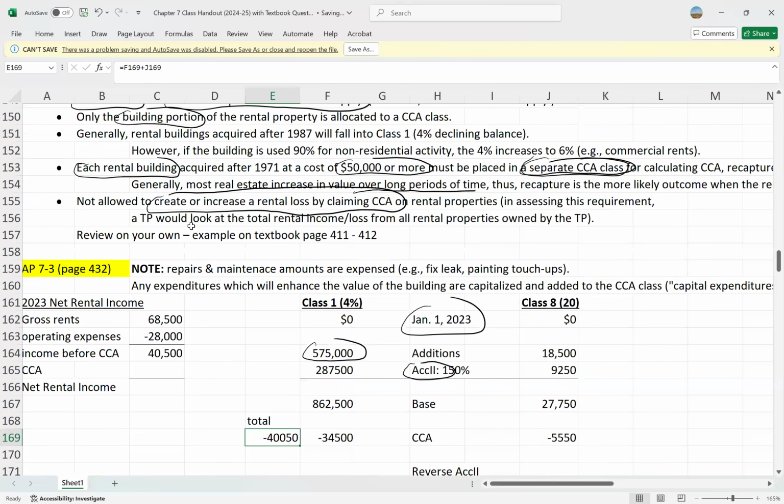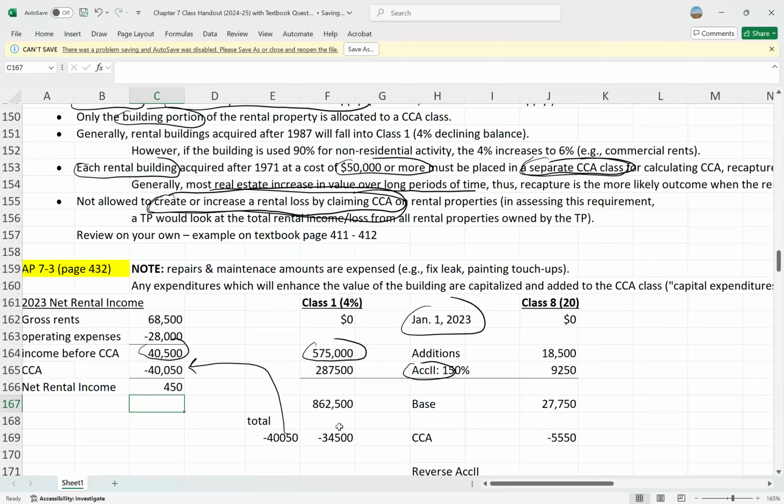You're not allowed to create or increase a rental loss by claiming CCA. So because we have income of 40,500 and the total CCA is only 40,050, we can deduct all of the CCA. And so our net rental income for 2023 would only be $450.